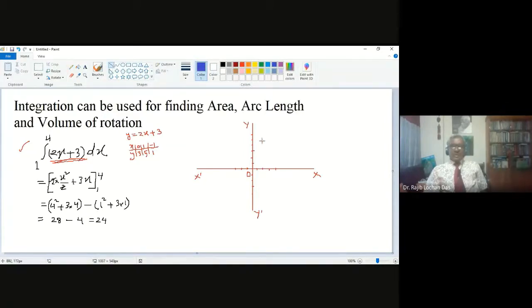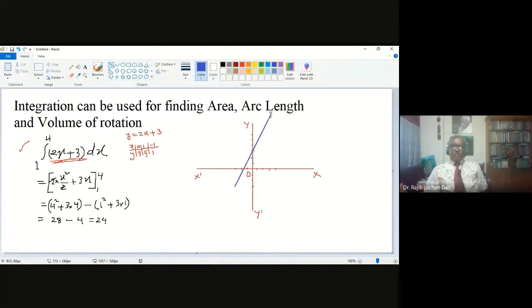This is a straight line, and it will be like this. If you already know what the shape of the graph will be, then fine.